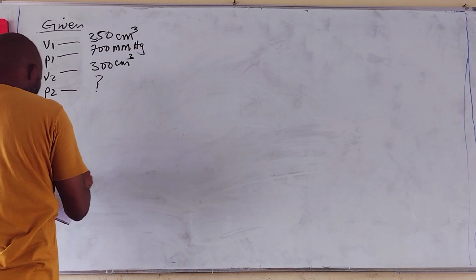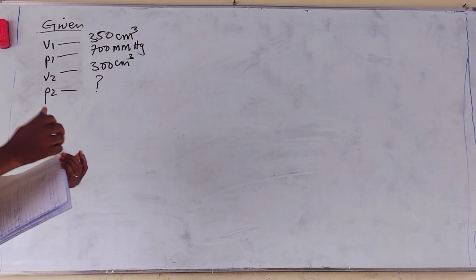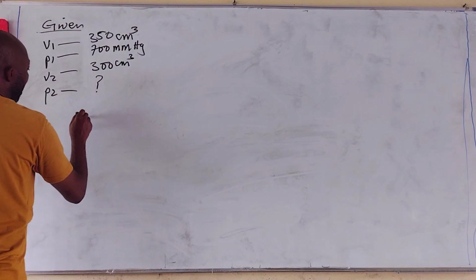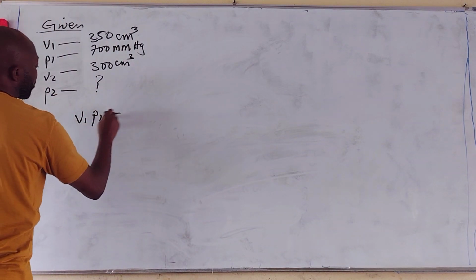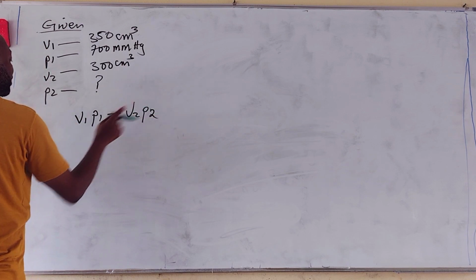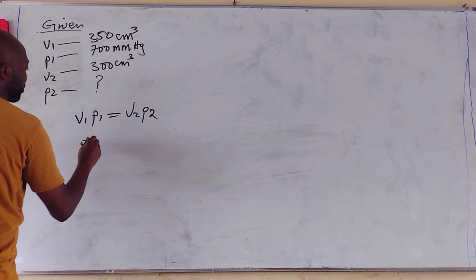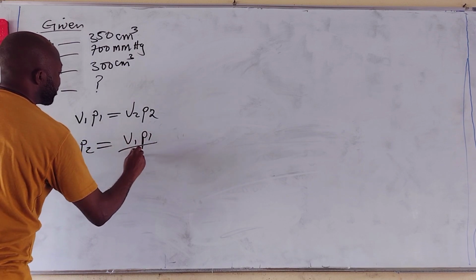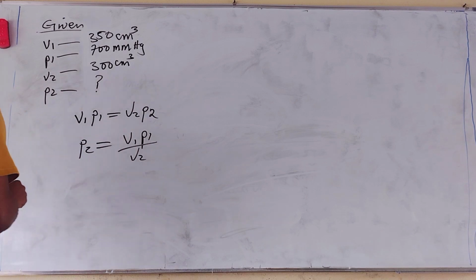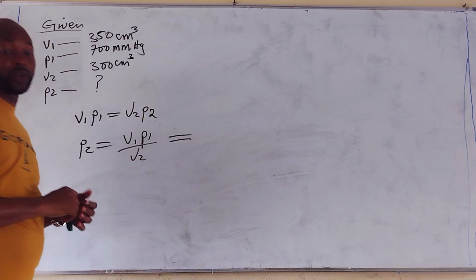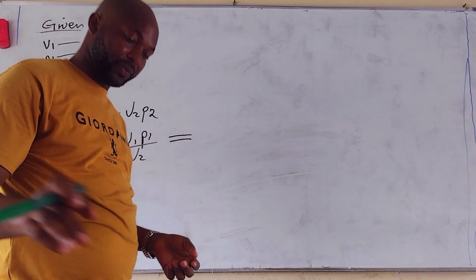So this time we're looking for P. Here again, we have V1 P1 equals V2 P2. We are looking for P2. So P2 is equal to V1 P1 over V2. That's change of subject of formula in math. Someday we're going to have it treated in math.